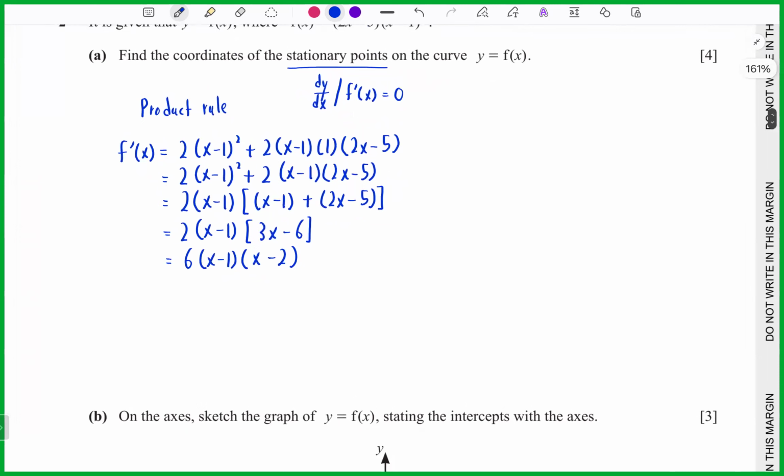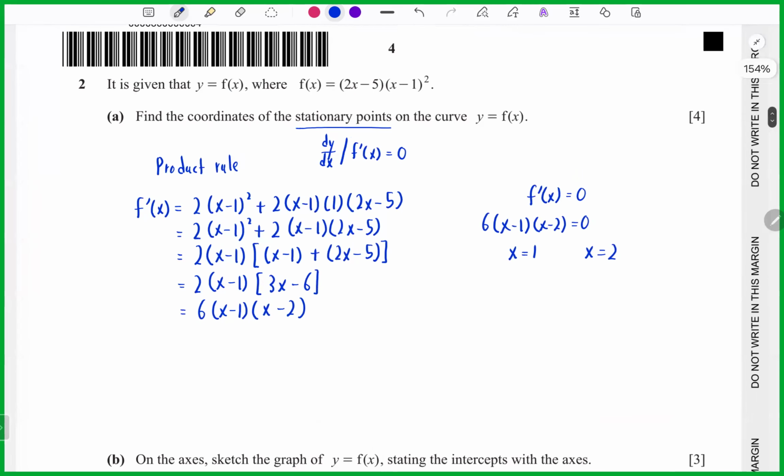Now we already know first differentiated equals to 0, right? So you can take 6 bracket x minus 1, x minus 2 equals to 0, right? So you can write here x equals to 1, x equals to 2. Now you can use your calculator to find the value of the y.